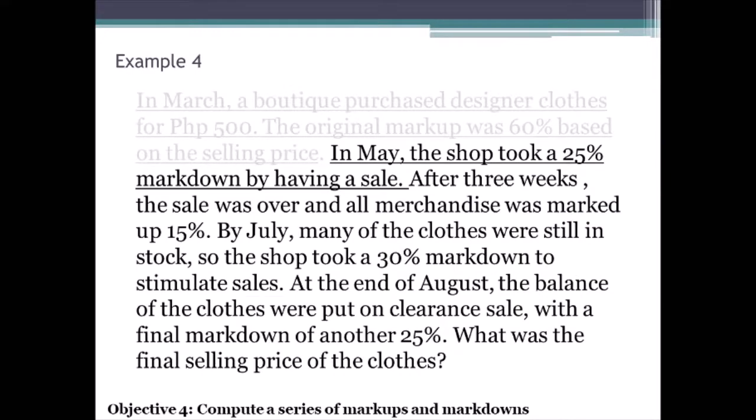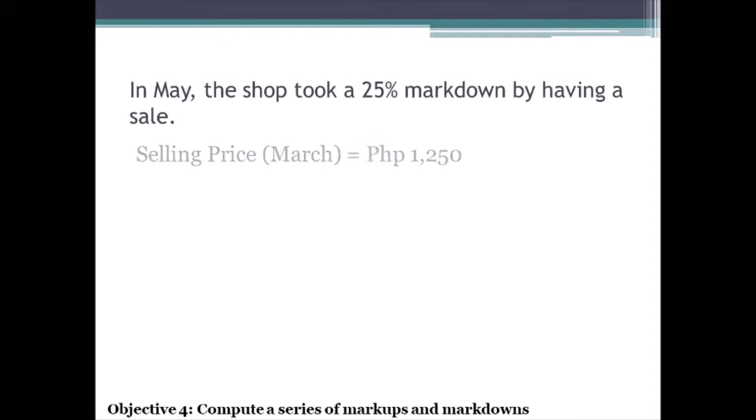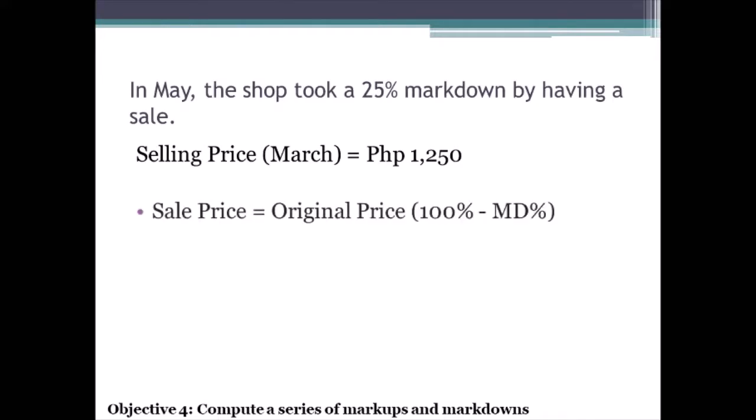In May, the shop took a 25% markdown by having a sale. Okay, so we have the selling price. There is a 25% markdown for this sale. So, formula: original price times 100% minus the markdown percent.